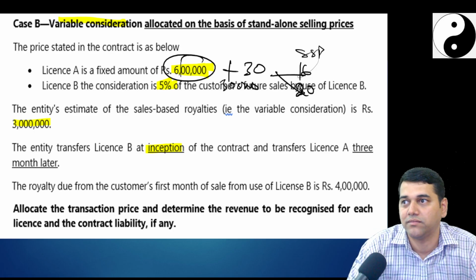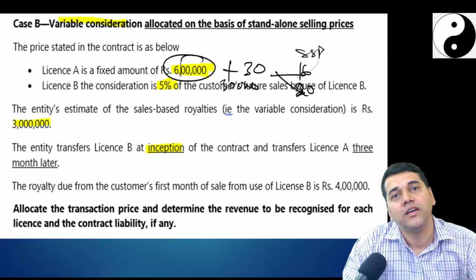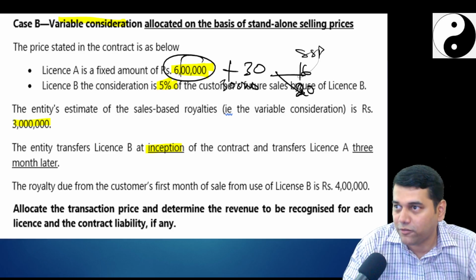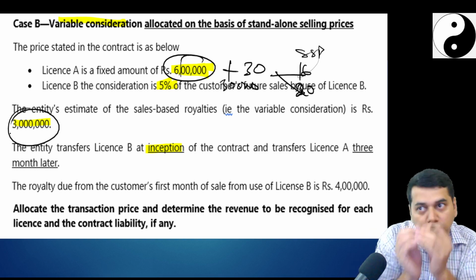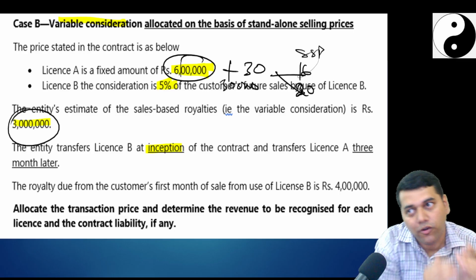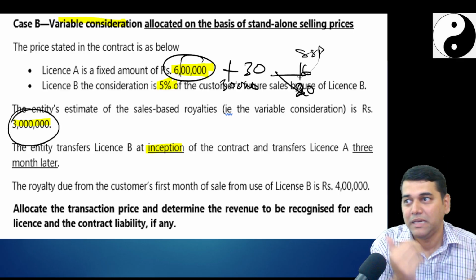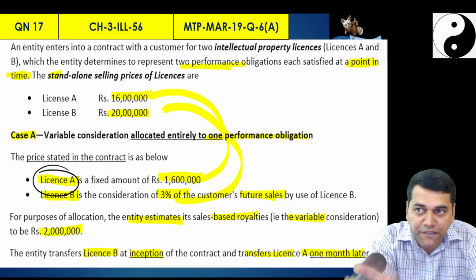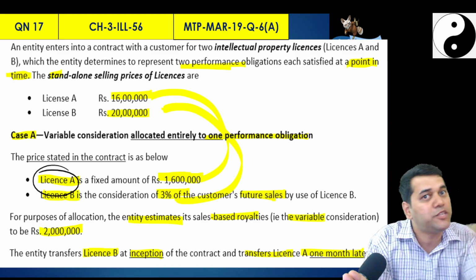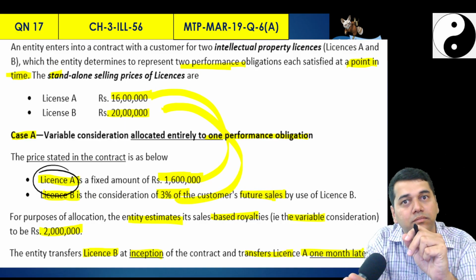16 and 20. This time, sale or usage based license thing is applicable for the variable portion, only variable portion, for both A and B. Previously, since entire allocation to A was only fixed, that sale and usage based was not applicable to them.